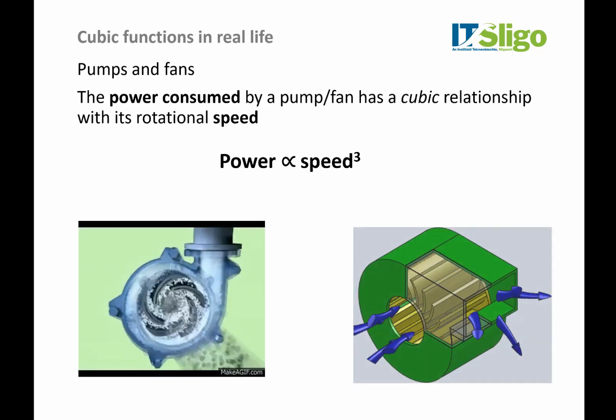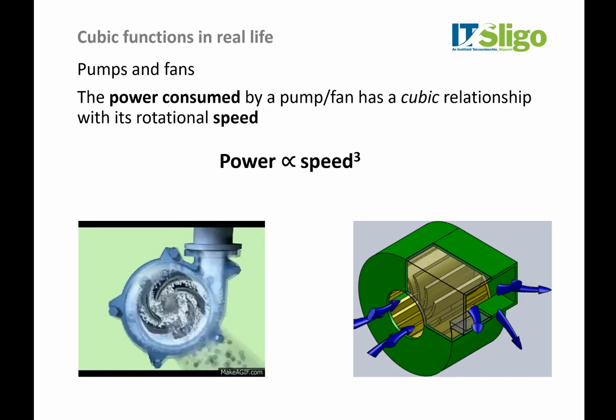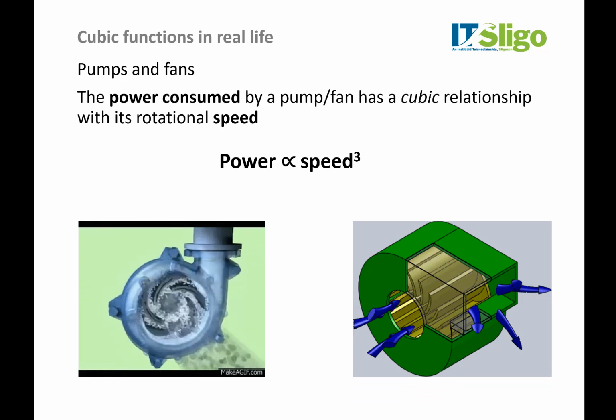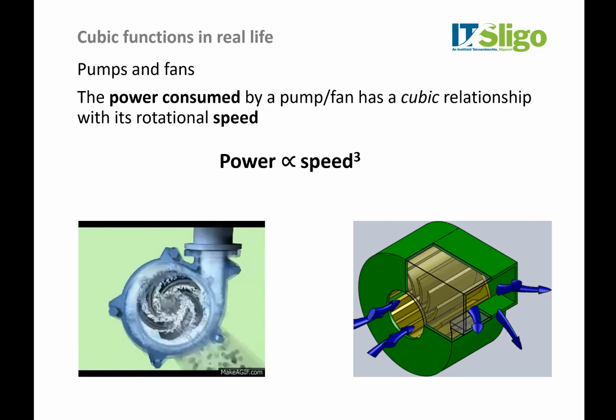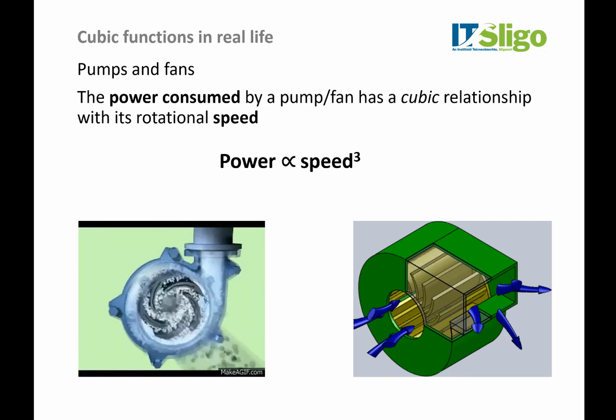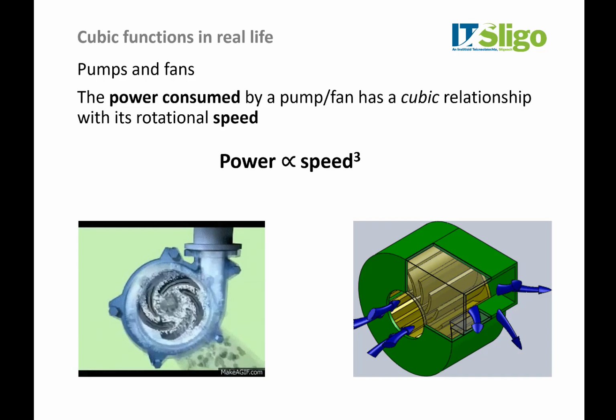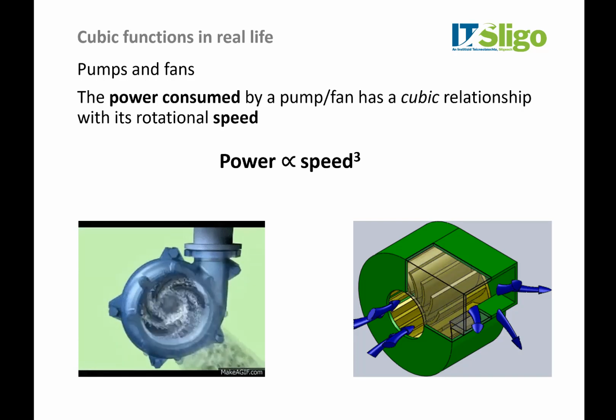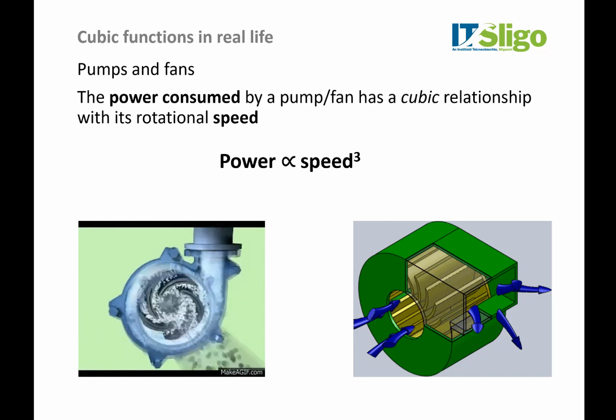So again, if you're in a commercial kitchen and it's feeling a bit hot and you double the speed of an extractor fan, your electricity bill will increase by a factor of 8. And similar with pumps and fans, they all move with this centrifugal action. So a centrifugal pump and fan will have this cubic relationship.